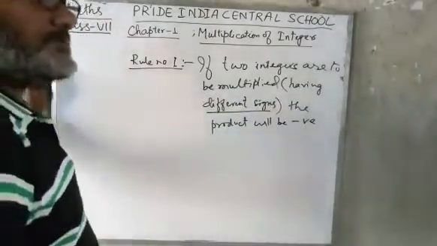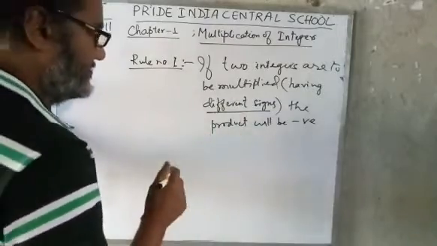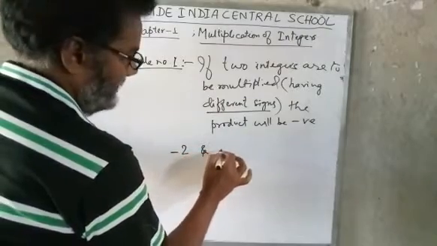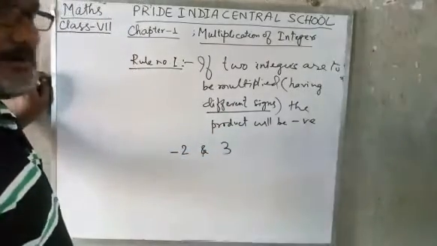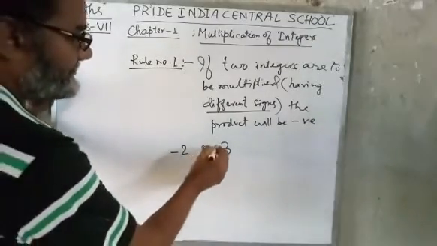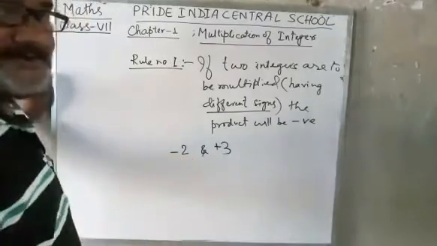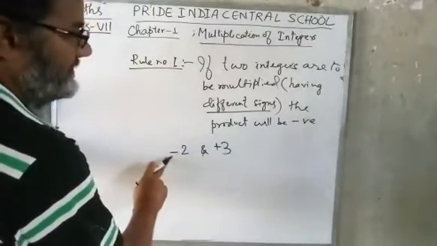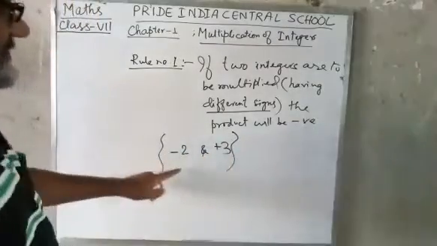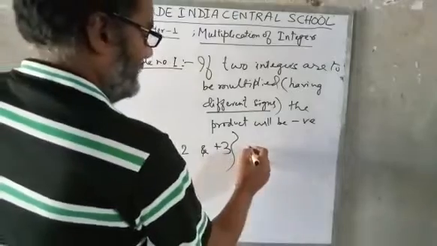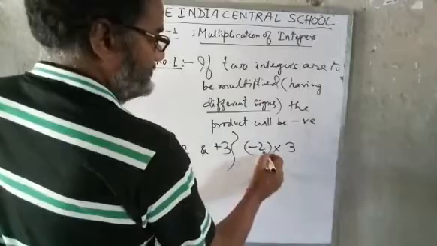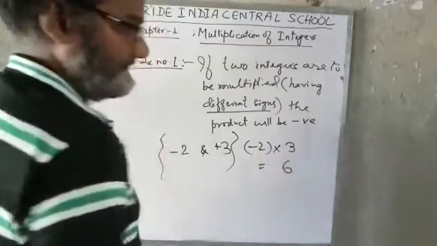How will you understand that? Let the two integers be -2 and 3. 3 has a positive sign and 2 has a negative sign, meaning two different signs, and you have to multiply them. So multiplying gives 3 times 2 is 6.